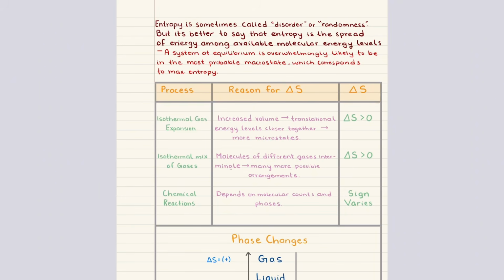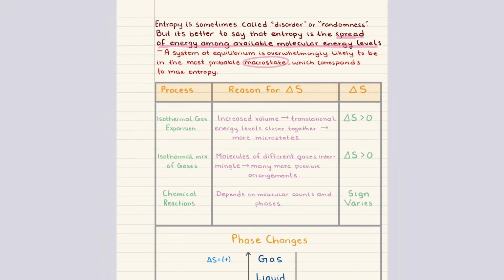Again, entropy measures how widely energy is spread among the available molecular energy levels. Microscopically, each complete specification of all particle positions and energies, that is a microstate. Many different microstates can look the same macroscopically, and that collection is a macrostate.